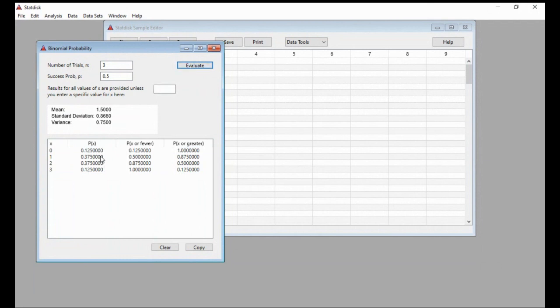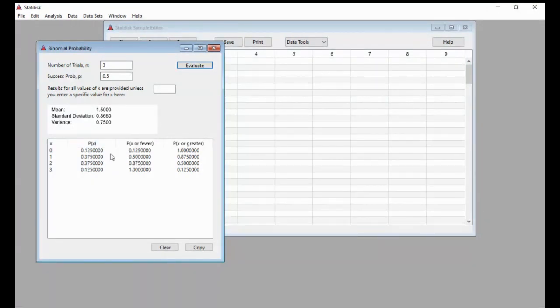Check the table, because we have 3 trials, right? Three coins. You have this probability: 1/8, 3/8, 3/8, 1/8. This is the table, right?